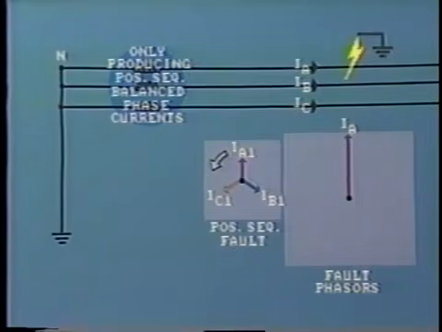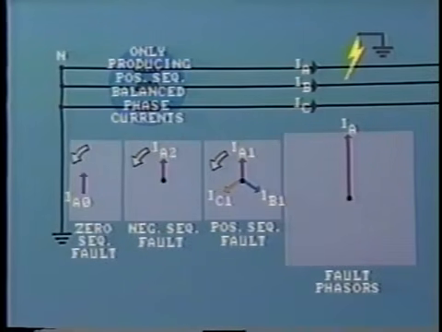Now let's look at the currents. First, it is apparent that the current at the fault, IA, is about 3 times the magnitude of the positive sequence, IA1. The difference, of course, is made up by the presence of 2 other sequence currents, IA2 and IA0, which are of the same magnitude and in the same direction.